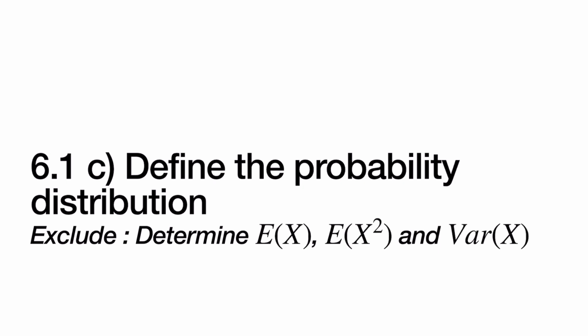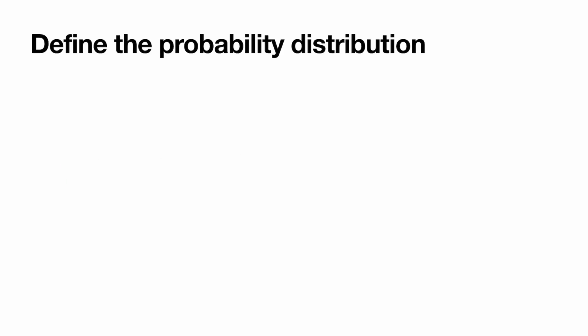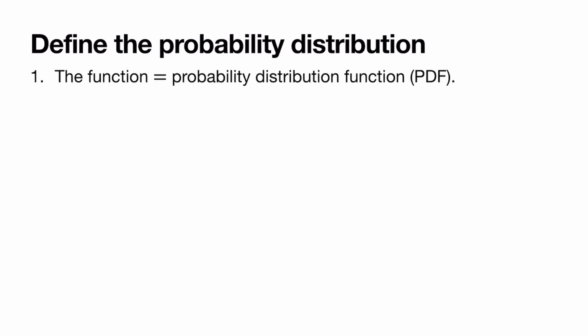Alright, now let's go to define probability distribution. For probability distribution, we only learn specifically for discrete. Discrete probability distribution. If we have a function, we can name it the probability distribution function, PDF.